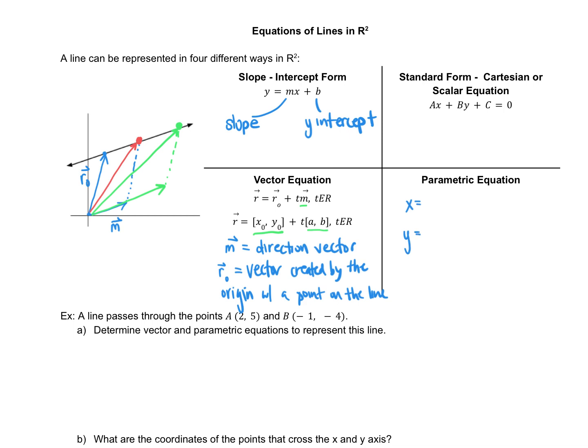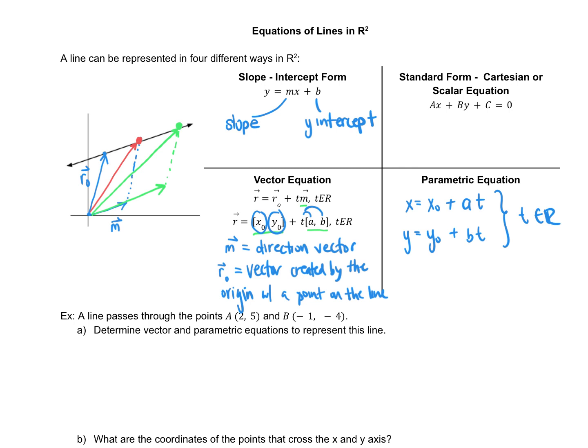So x will equal x naught plus the a value that is multiplied by t. And the y is equal to y naught plus the b value times t. And in both of these parametric equations, t is an element of all real numbers. So the vector and the parametric equations do go hand in hand.